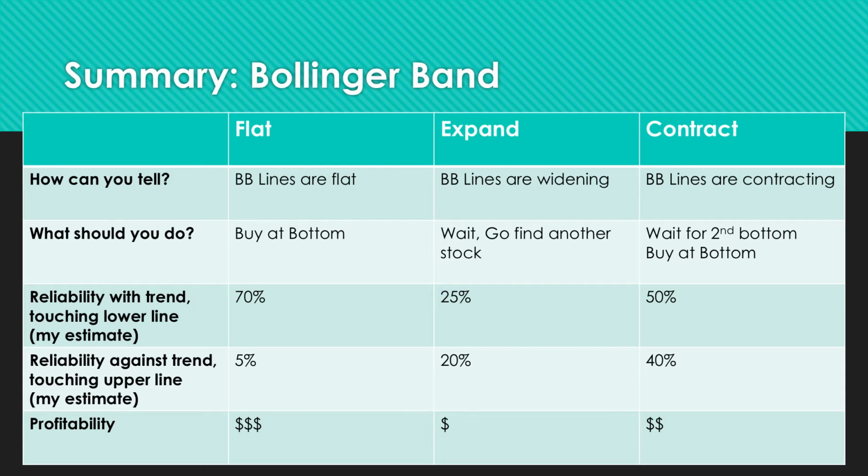Usually contract is pretty reliable, but then when you think about the profitability, you're in an uptrend and you're trying to short, your profitability is greatly reduced and your risk to reward ratio will be very unfavorable. So that's why I only trade with the trend with Bollinger Band. So in terms of profitability, obviously the flat one is the most profitable, and then contract, and lastly expand.